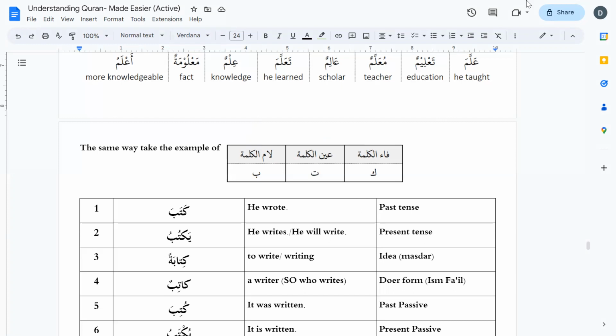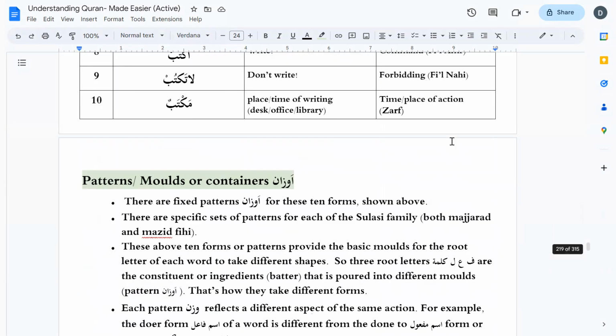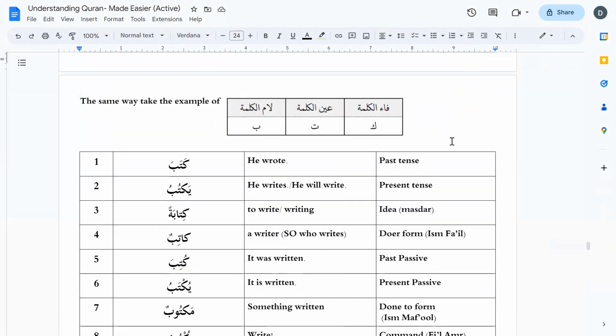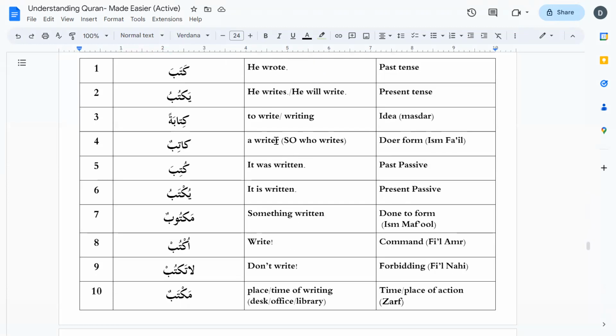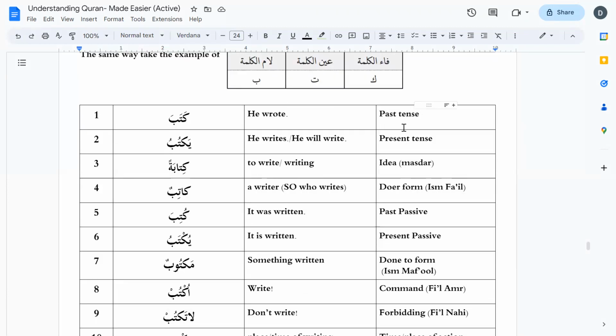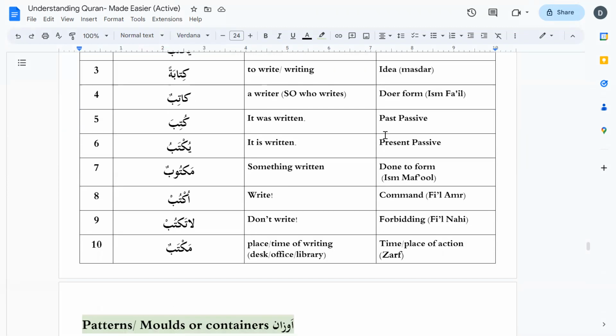Okay, now let me quickly go through these lessons so you know what you already learned in previous lessons. So here, this is kind of Sarf Saghir.